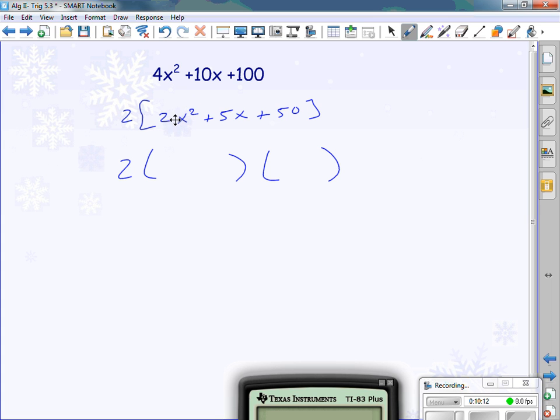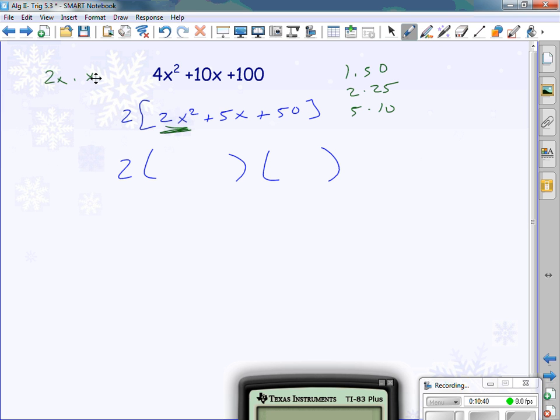How can I get a 2x squared? 2x and an x. How can I get a 50? 1 and 50, 2 and 25, 3 doesn't, 4 doesn't, 5 and 10, 6 doesn't, 7 doesn't, 8 doesn't, 9 doesn't, we're back to 10.